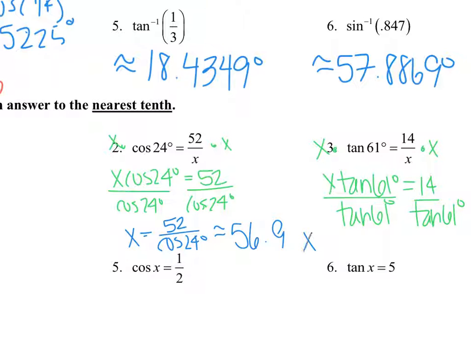And so we should get x to be 14 over tangent of 61 degrees, which is approximately 7.8.